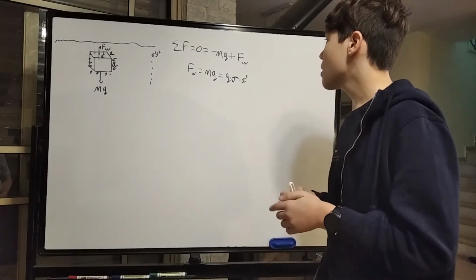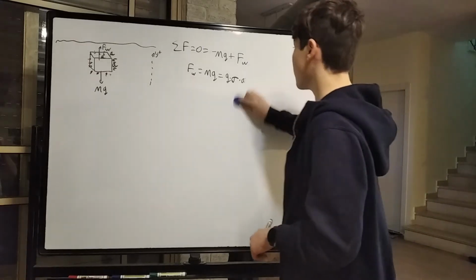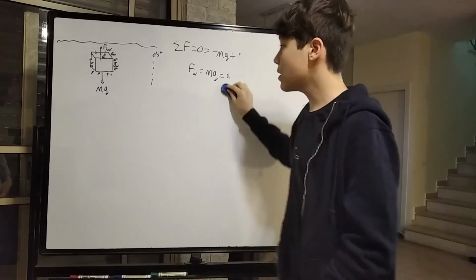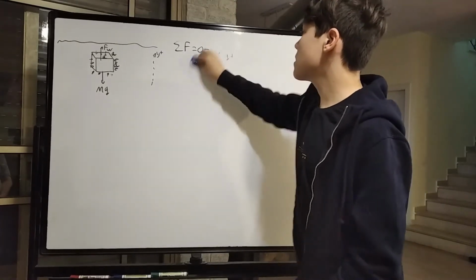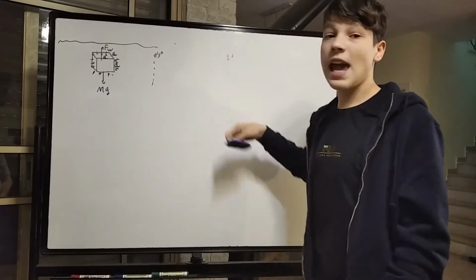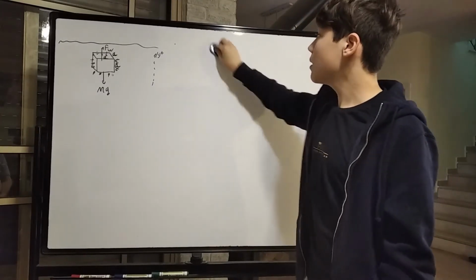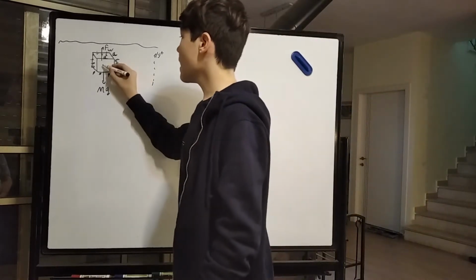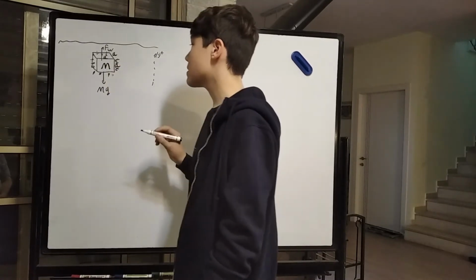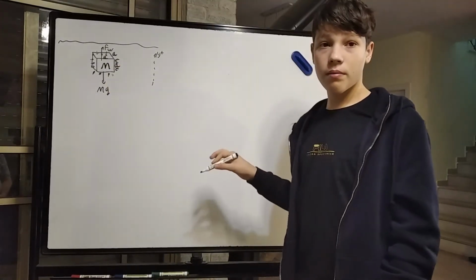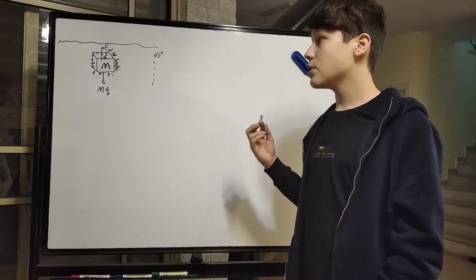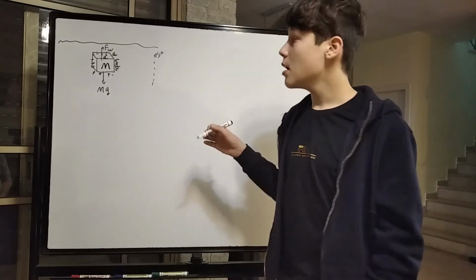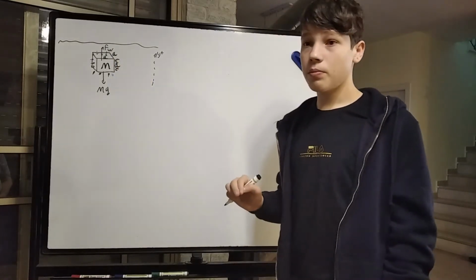So now let's erase this, and we know the force of the water is g times sigma times A cubed. Now we'll look at not just a cube of water, but any cube with sides A. Now it has a certain mass M in the water. It doesn't have to be stationary, but we know, again, the forces applied on it are mg and Fw.